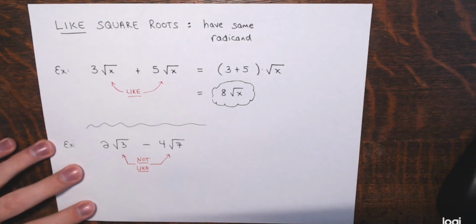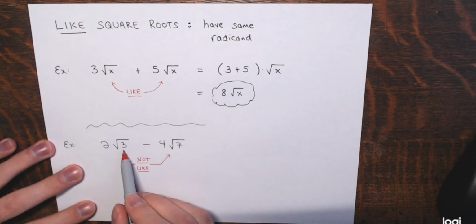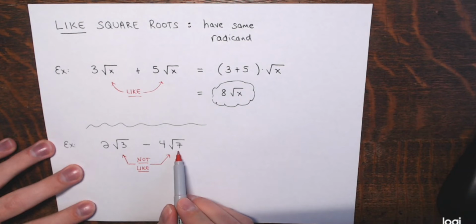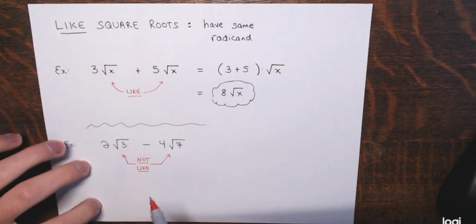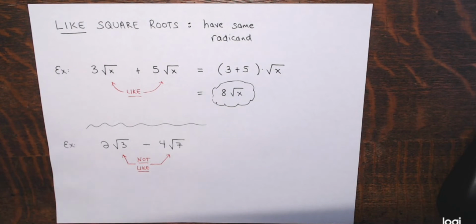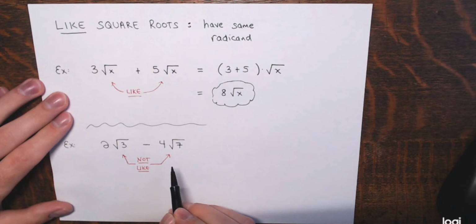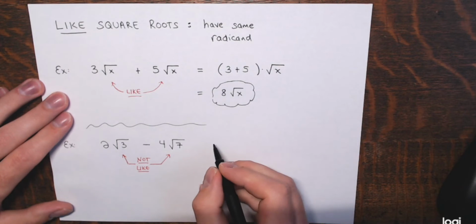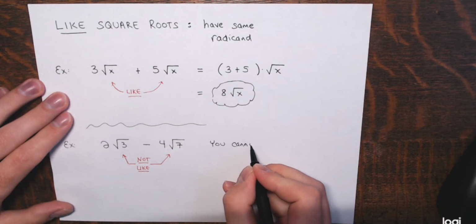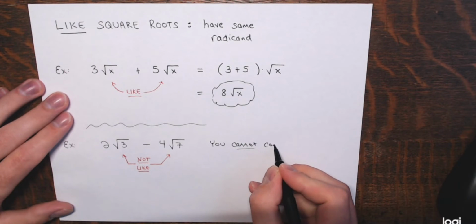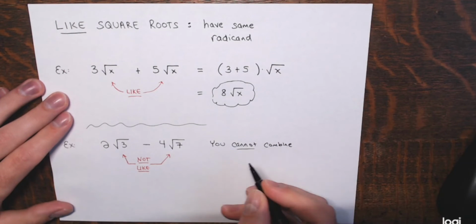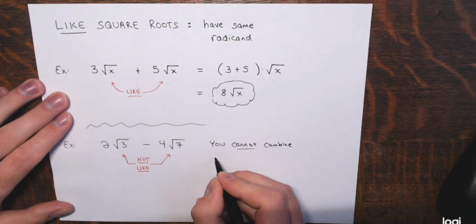They have different expressions inside the square roots. This has a square root of 3, and this has a square root of 7. So when two radical terms or two square root terms are not like, you cannot combine them. You cannot do anything with them. You cannot combine, add, or subtract square root terms that are not like.